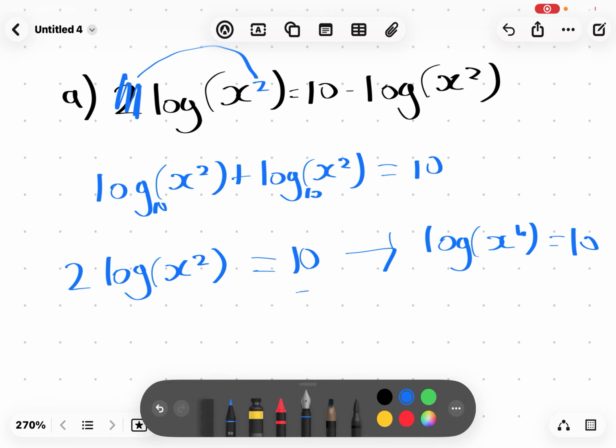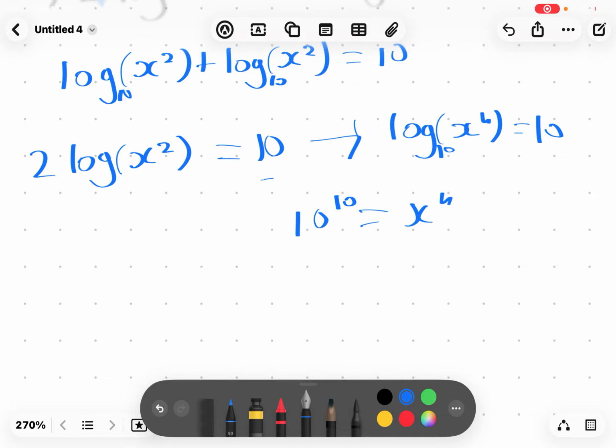After that, we can't use any more laws, so we have to move it a bit. Basically, the base is 10, and how this works is this to the power of this equals this. So 10 to the power of 10, which is a huge number, equals x to the power of 4.